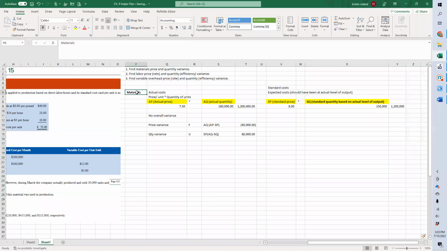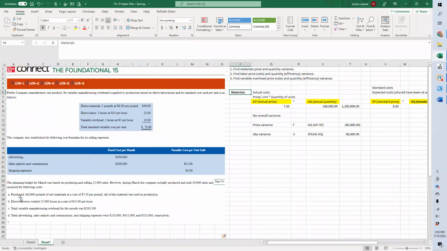In the case of materials, the problem told us that we purchased 160,000 pounds of raw materials at a cost of $750. All of this material was used in production. Well, what happens if not all of the units of raw materials purchased were used in production?